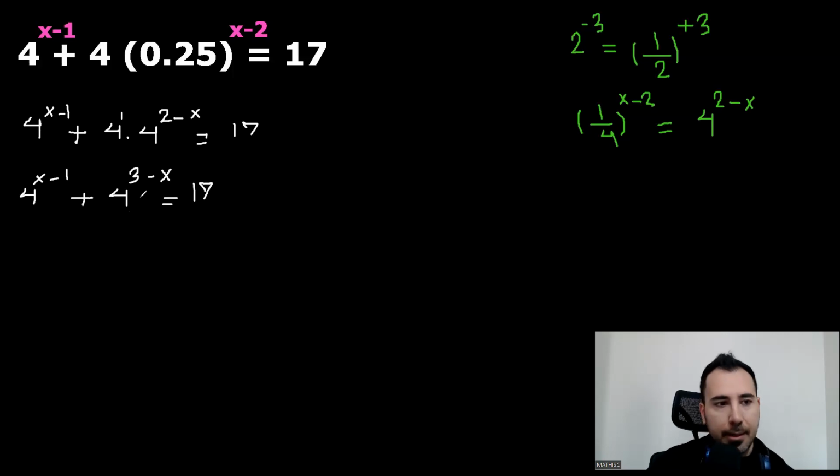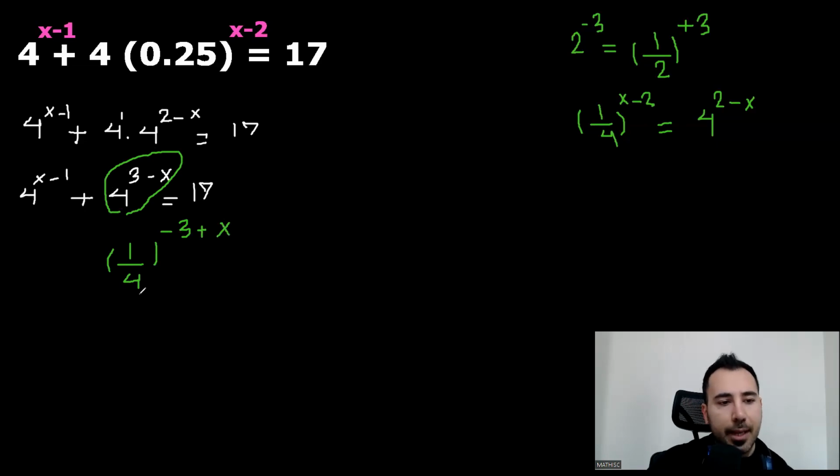I still don't like the fact that this x is positive and this x is negative, so I want to get rid of that. To do that, I need to multiply this power by a negative. So as a result, this part becomes 1 over 4 to the power of, this part will be multiplied by minus 1, so it becomes negative 3 plus x.